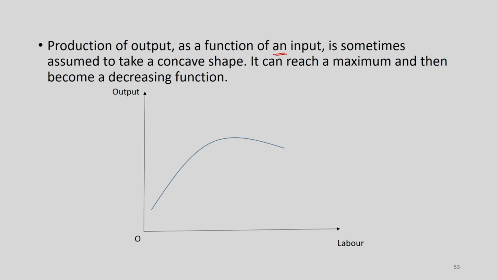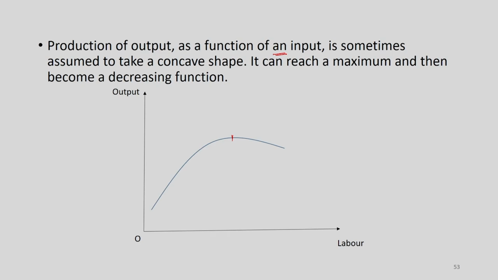It can reach a maximum and then become a decreasing function in fact. Notice here the function is like an inverted U. It is rising, reaching a kind of maximum here, and like an inverted U, it is going down.